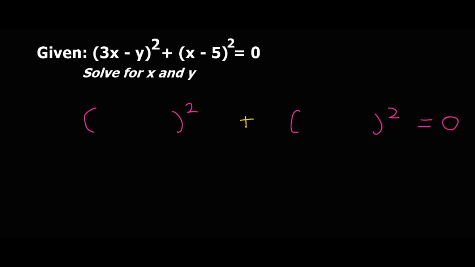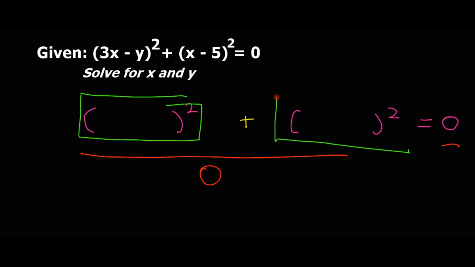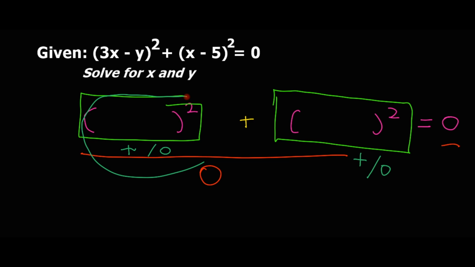for this left hand side to be equal to the right hand side, meaning for this to be 0, it means this must also be 0, because what we know is that this will always be positive or 0. And now because you're having a sum here, when we add them, we must get 0.